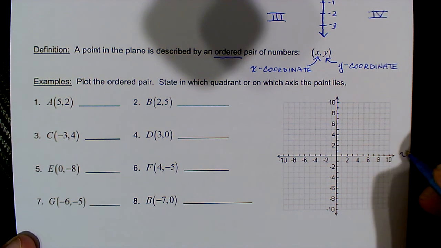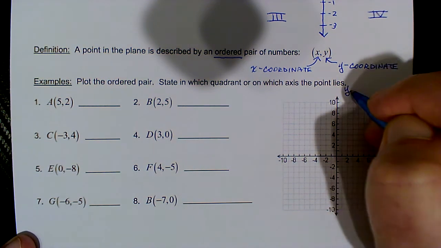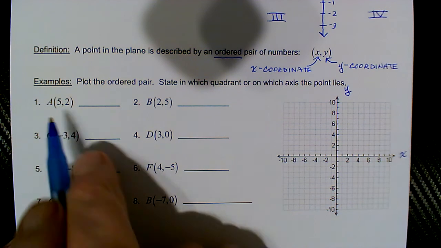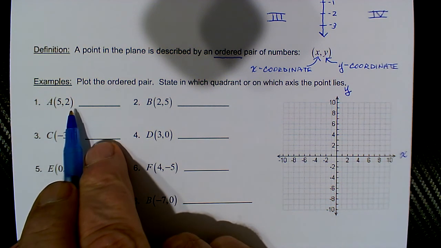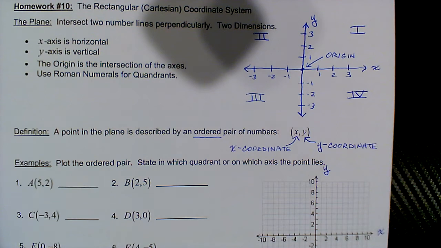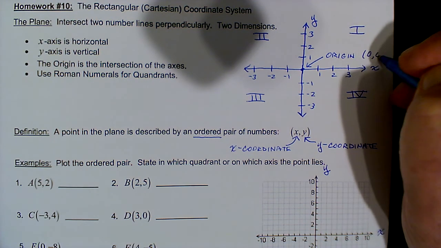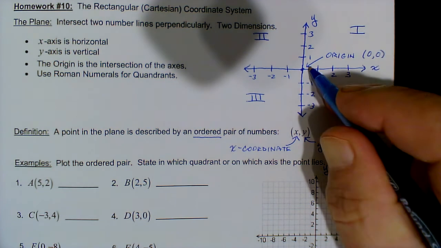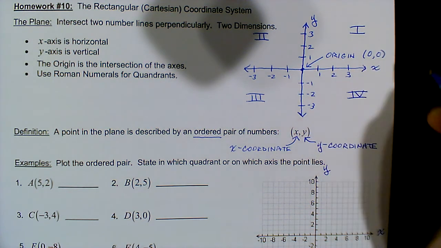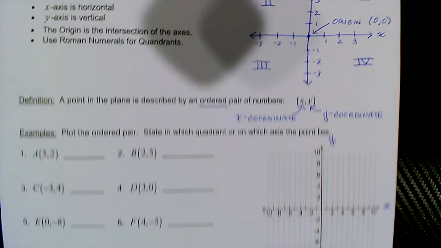We should always label the axes, so x and y. And this point A given by 5 and 2, that means from the origin. Well, the origin, now that we define the point, the origin has coordinates of 0, 0. So 0 in the x and 0 in the y. So that's where they meet.